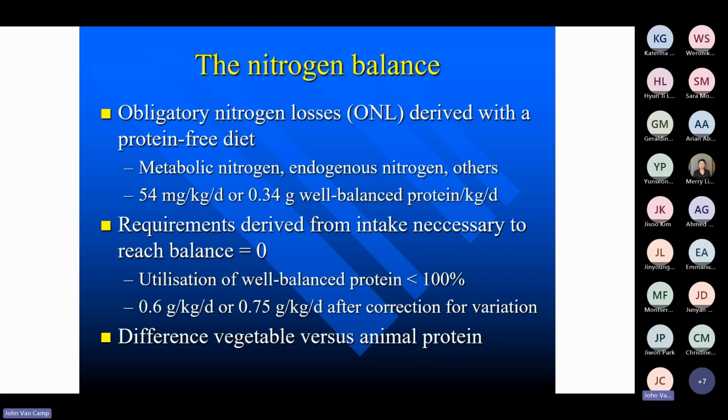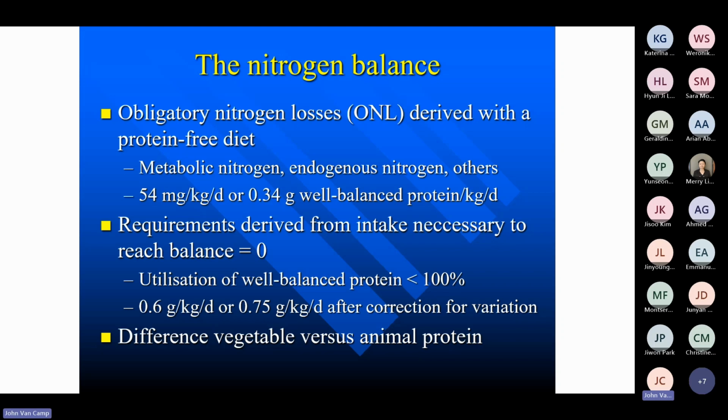It's also called the factorial method that we explained in the first chapter of the course notes. If we look at the values, then we reach a value of about 0.6 grams per kilogram body weight per day. So from 0.34, you go to 0.6 by taking into account the utilization of well-balanced protein.